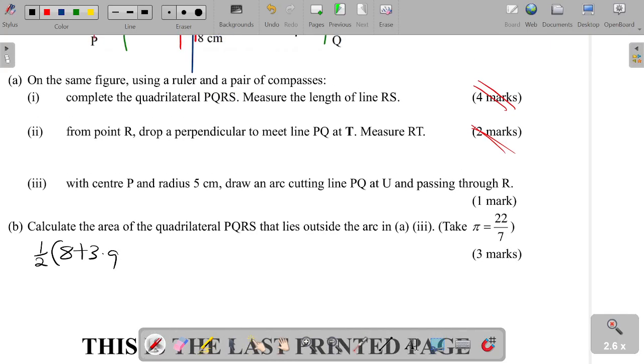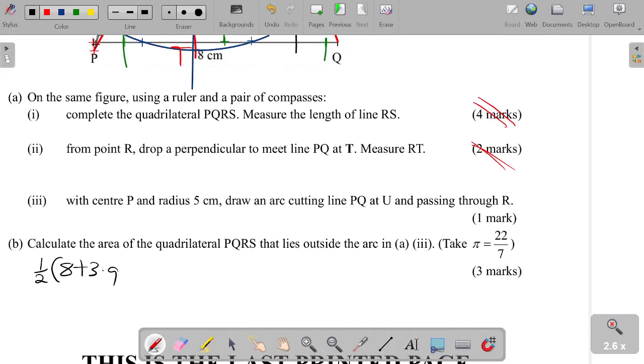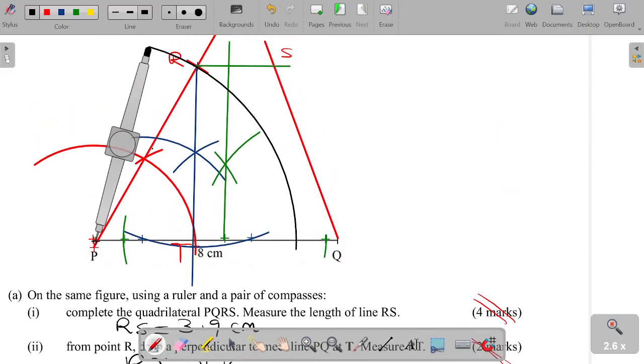Remember, maybe I was not giving you the measurements here. My RS is 3.9 centimeters. My RT is 4.4 centimeters. So when I take 8 plus 3.9, what am I meaning?